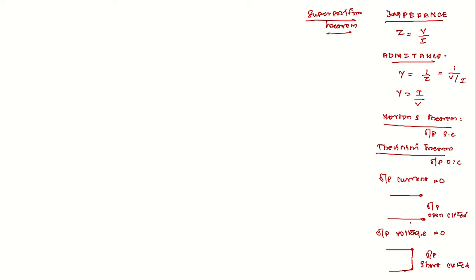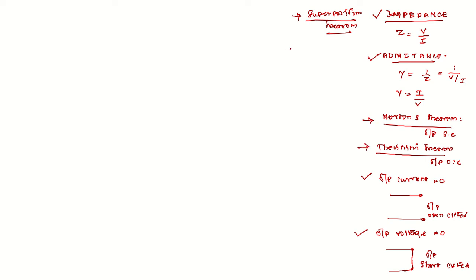So when the output current is equal to zero, the output circuit is to be open circuited. But when the output voltage is equal to zero, the output should be short circuited. So these are the points that we have to keep in mind before going to the two-port network. These three are called network theorem concepts, which are needed to get these points correctly.